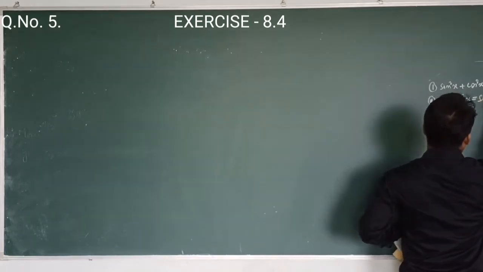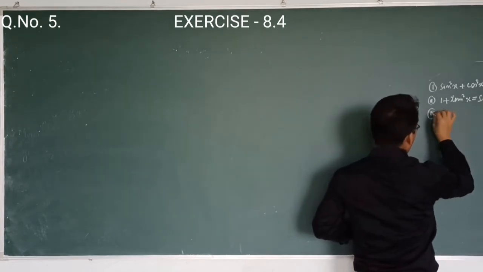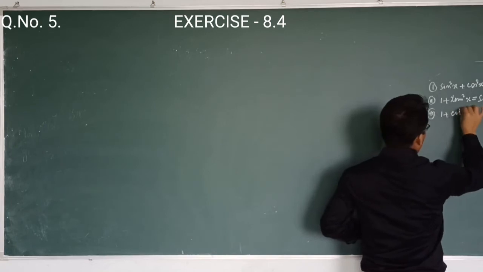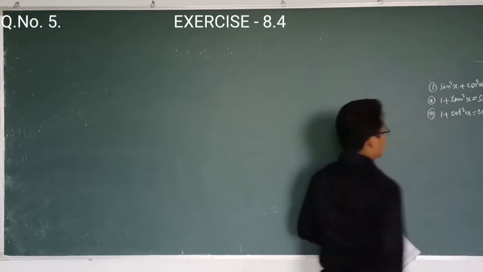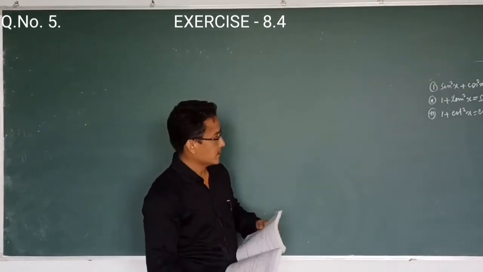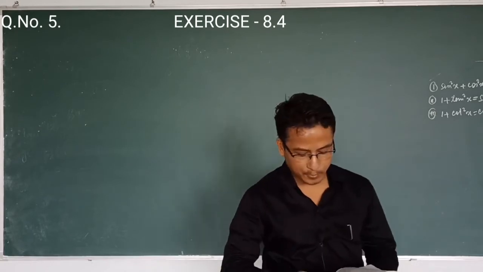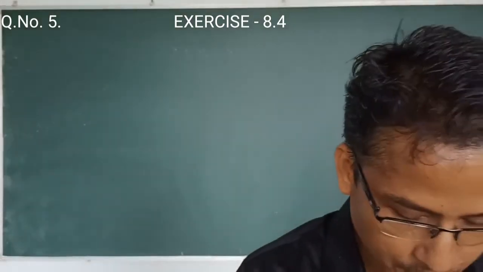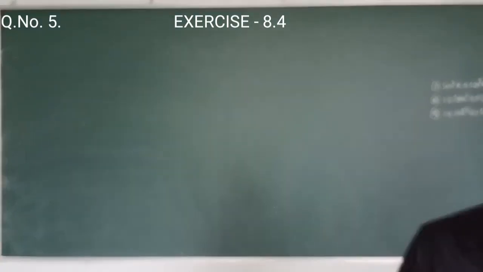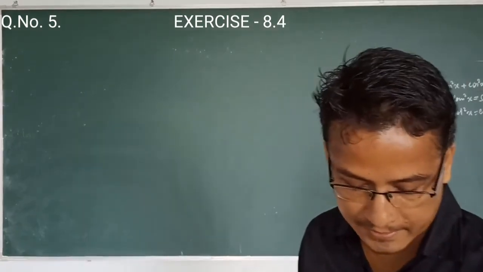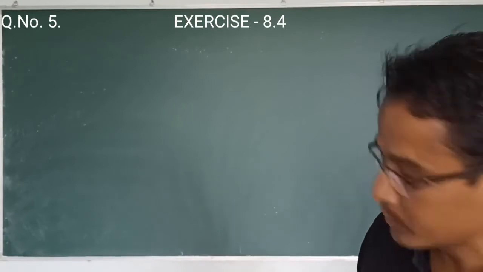The third is 1 plus cot square x equals cosec square x. These are the three identities we studied, and with the help of these we will solve all the questions of exercise 8.4, question number 5.